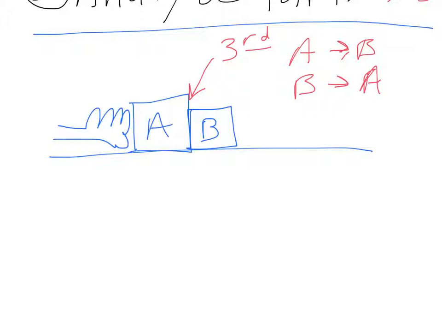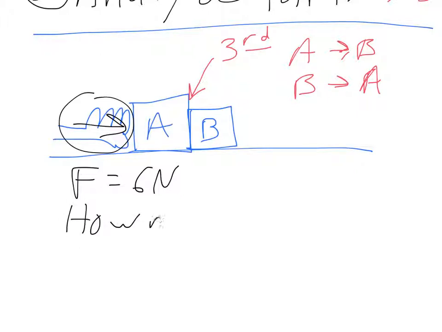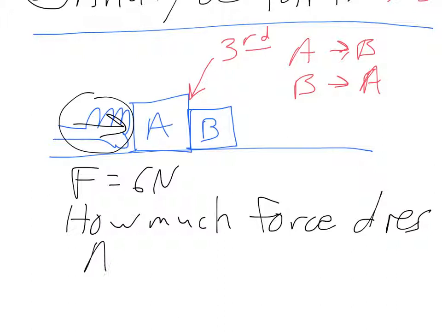So let's put some numbers to this. Let's say that this hand is pushing with a force of 6 newtons. That's a hand, by the way. Pushing with a force of 6 newtons on block A and block B. And I asked you how much force does A exert on B?